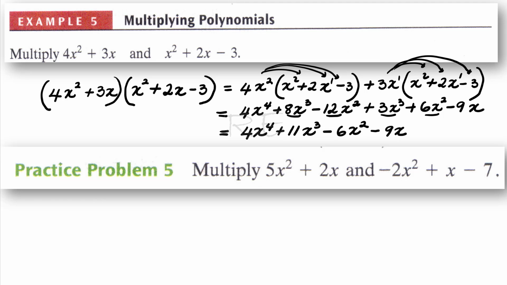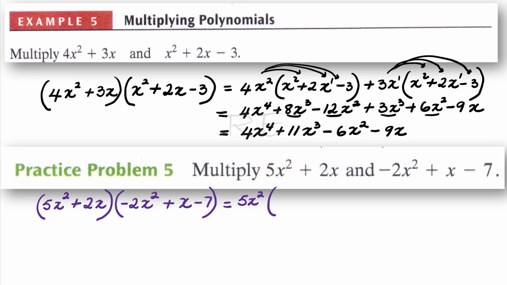Multiply 5x squared plus 2x times negative 2x squared plus x minus 7. 5x squared times negative 2x squared plus x minus 7, the whole expression, plus 2x times the whole expression, negative 2x squared plus x minus 7.